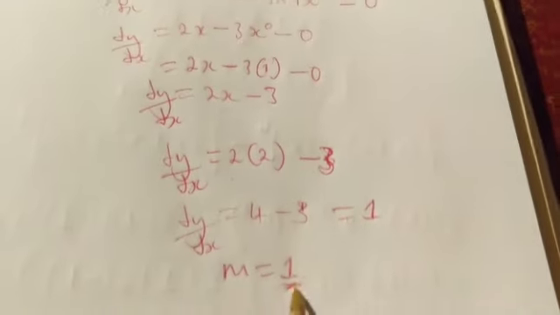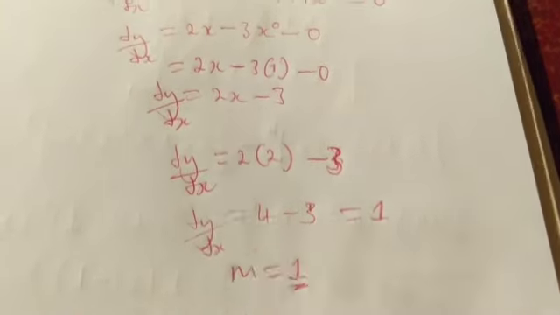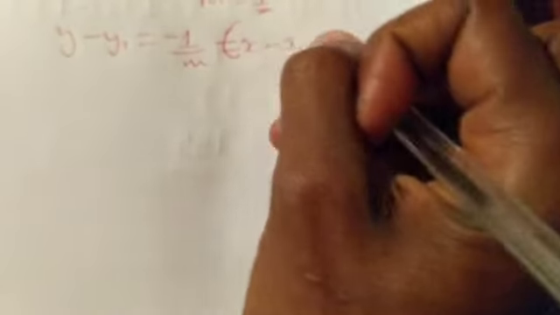If they mentioned the equation of the tangent, we could have used 1, but for the normal, the formula is y minus y1 is equal to negative 1 over m, open bracket, x minus x1.